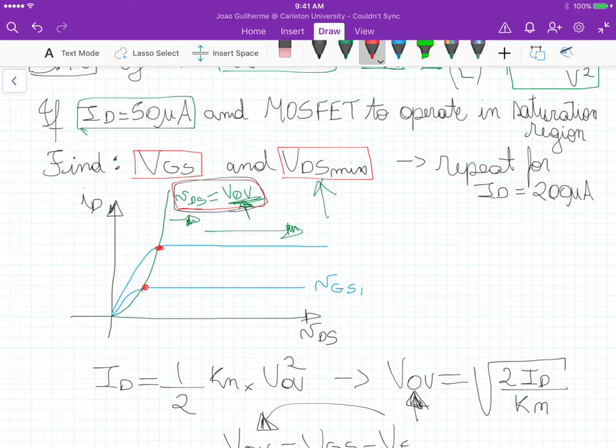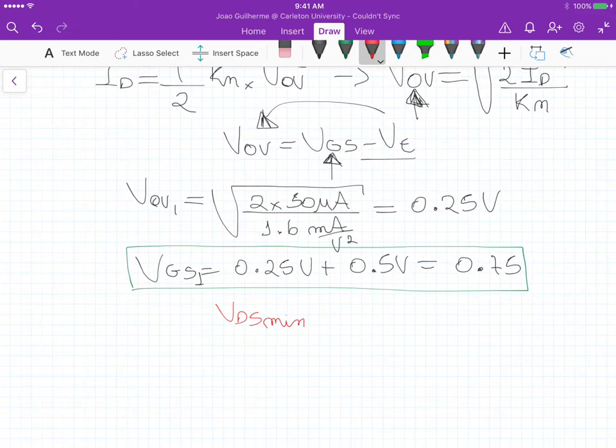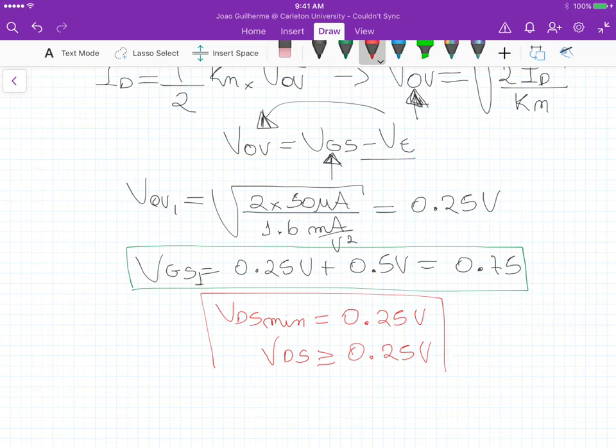But because we just have those two curves for the relationship between ID and VDS, basically at those points here, VDS is equal to the overdrive voltage. So VDS min is equal to 0.25 volts, and in general VDS should be greater than or equal to 0.25 volts, okay? But the minimum is 0.25, the overdrive voltage.